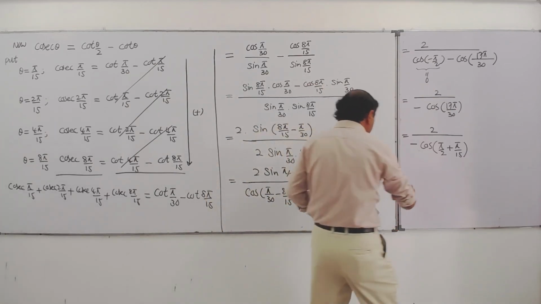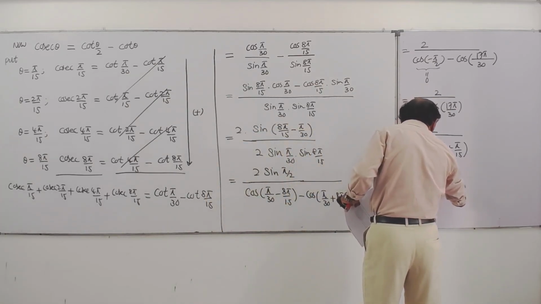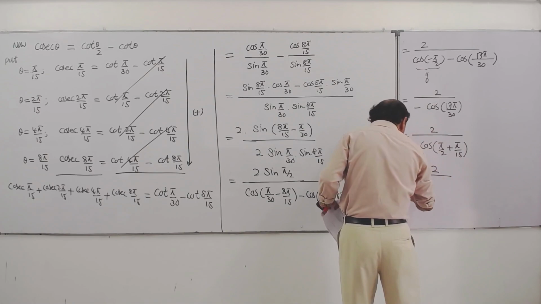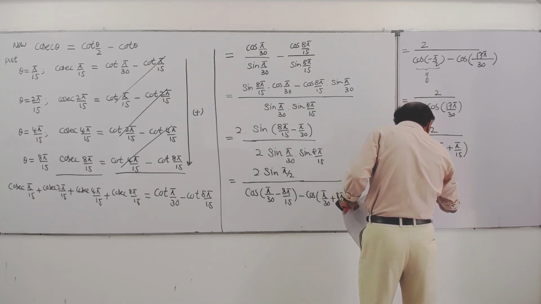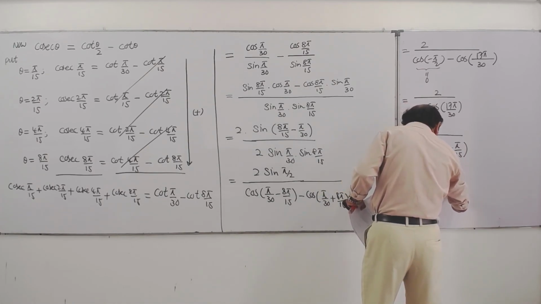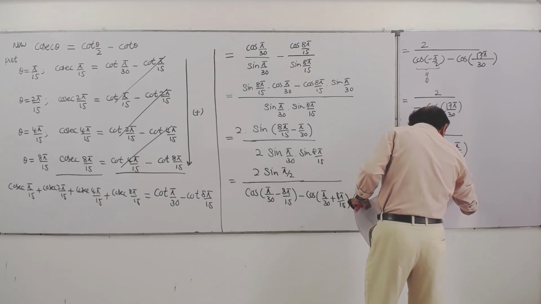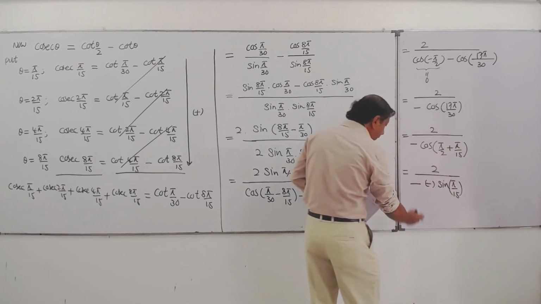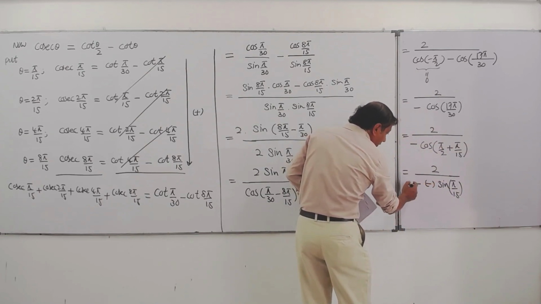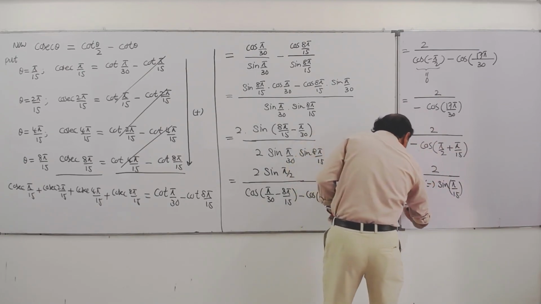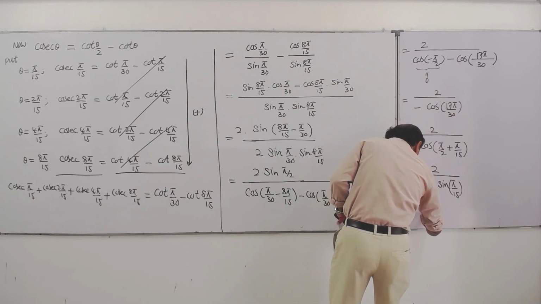Cos (90 plus theta) is, people, minus sin theta. Then we can write this as how? 2 over this minus sin. Cos (90 plus theta) is minus sin pi by 15, like this. Here minus, when you multiply, we get plus 2 over sin pi by 15.